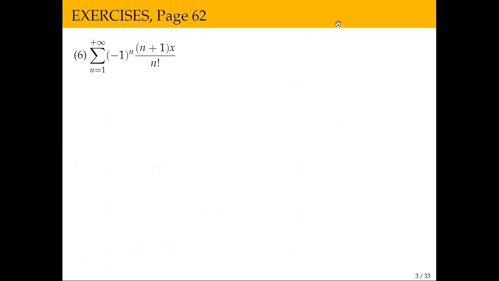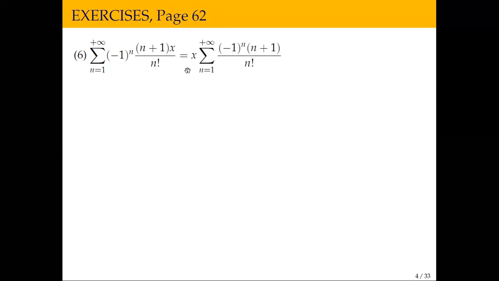As you observe, the exponent of x here is 1. So x is independent of n. If that is the case, we can factor out x out of the summation. So this is just equal to x times this infinite series.